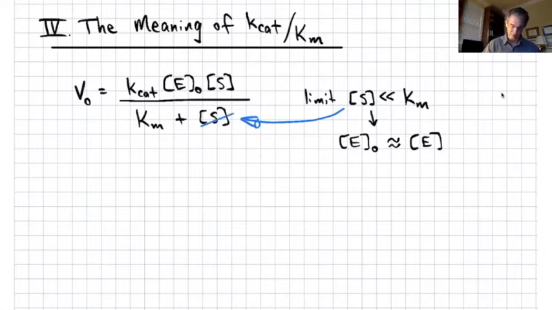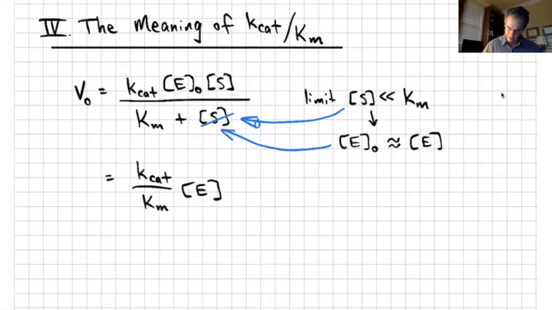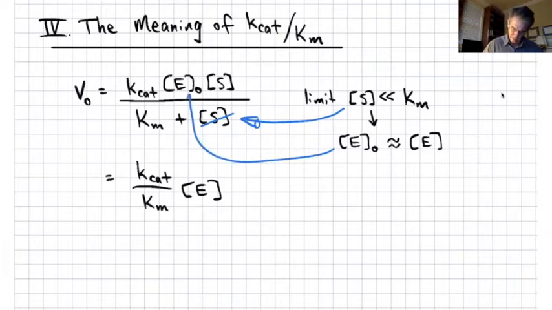So in that limit, the initial rate is equal to kcat divided by Km times the concentration of free enzyme times the concentration of the substrate.